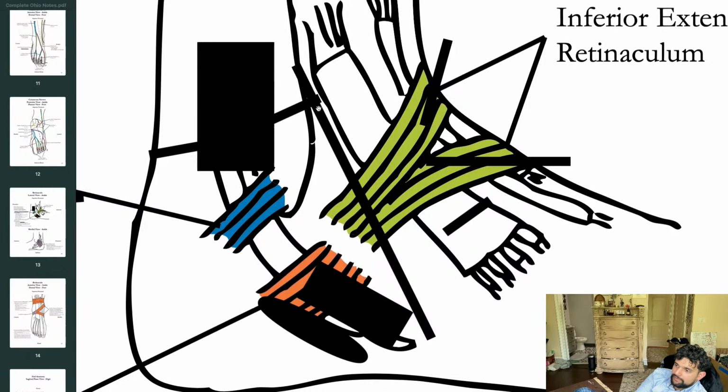So the EDL and the fibularis tertius run underneath the stem of the inferior extensor retinaculum, whereas under the superomedial and inferomedial oblique bands pass the nerve and vessel, the dorsalis pedis, the terminal branch of the anterior tibial artery. And then you have the tibialis anterior, extensor hallucis longus, the anterior tibial artery, dorsalis pedis artery, and the deep fibular nerve. They're going to go deep to these bands.